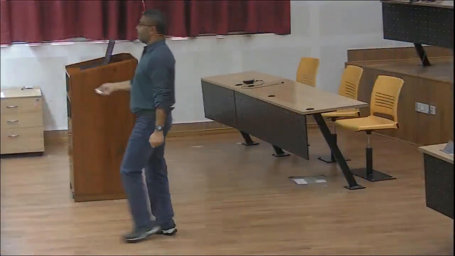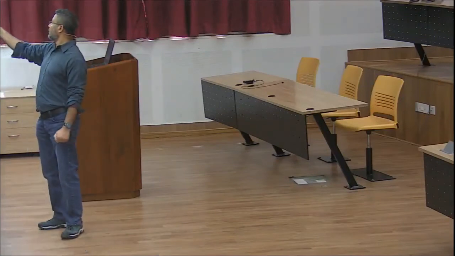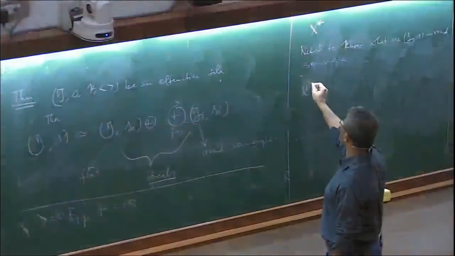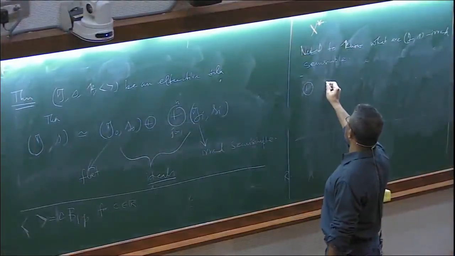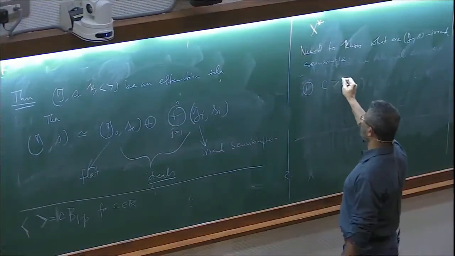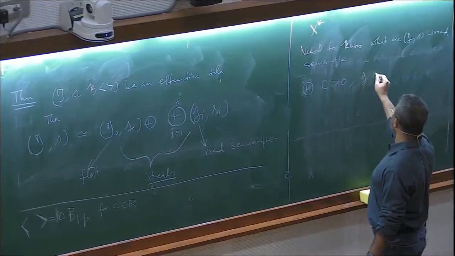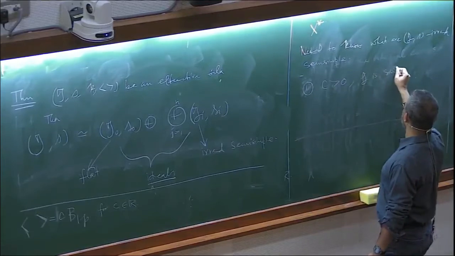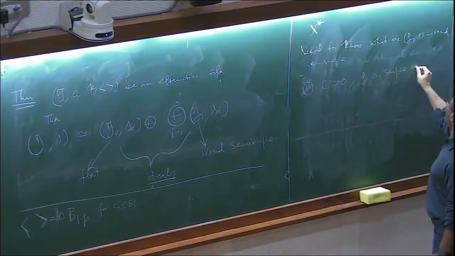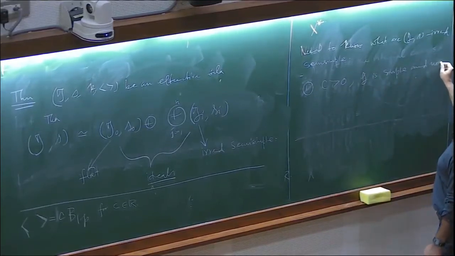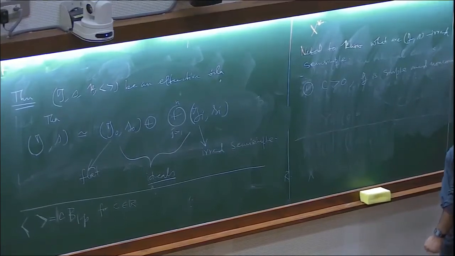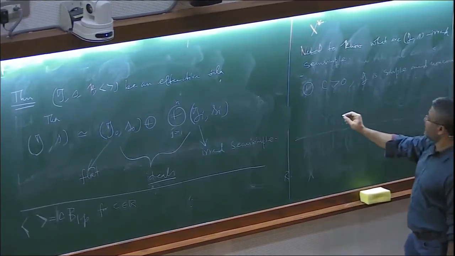So here you can now tell what semi-simple irreducibles are. One, C is greater than 0. G is a simple non-compact Lie algebra.